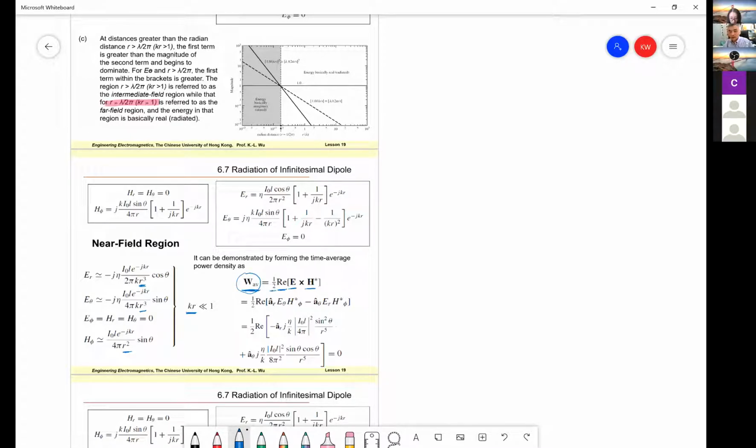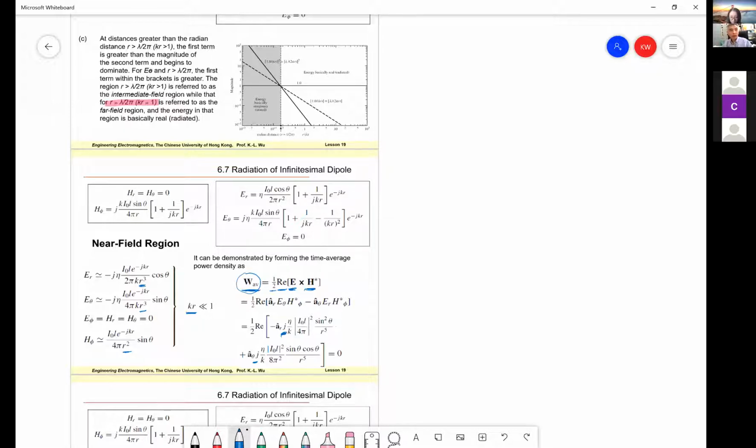With all these field components in hand, after you multiply E cross conjugate H, everything is imaginary part, so the real part is 0.